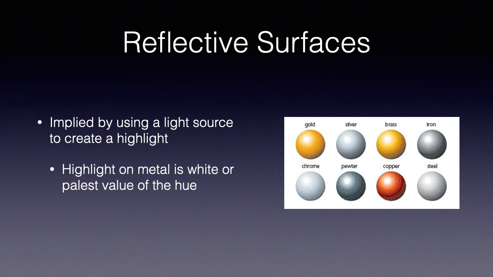So when you think about renderings of metal in magazines, or just a picture of something, or even a rendering of glass, you normally will see this white highlight that tells you, as the observer, that the image the artist is trying to project to you is one of metal or glass.